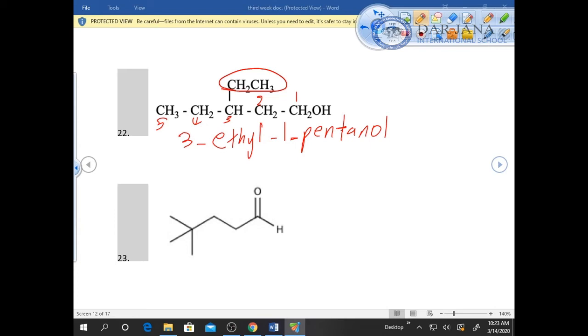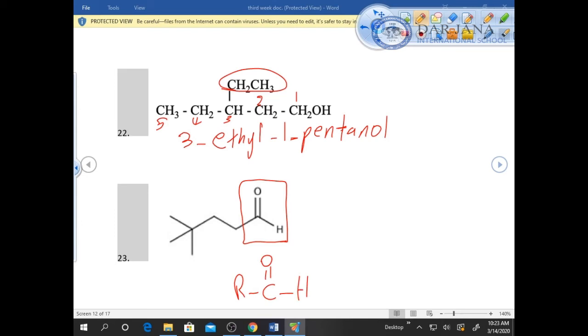Question number 23. Here this molecule is an aldehyde molecule because it contains this functional group. Remember, R C double bond O H. This functional group is an aldehyde.